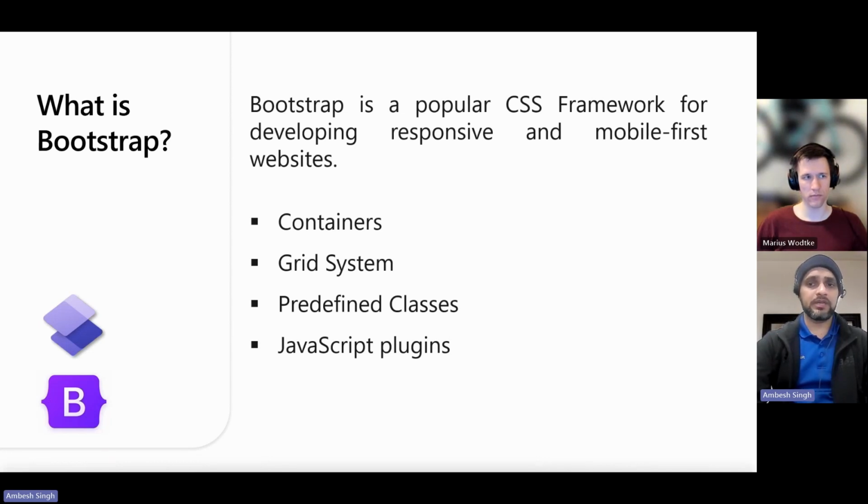And then we have predefined classes. Bootstrap also comes with classes for typography, forms, buttons, tables, navigations, modals, images, image carousels, and many other design elements. Then we have JavaScript plugins available here.